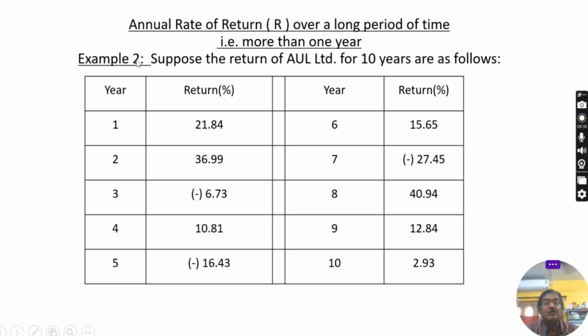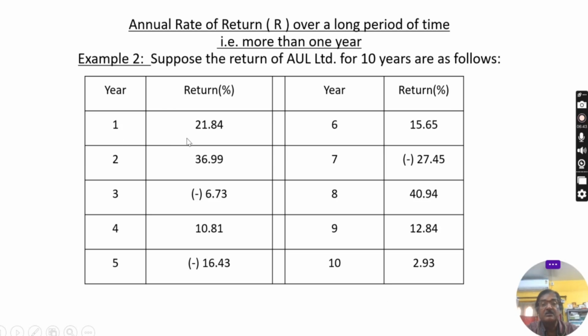Here I have taken example 2 to show this company over a 10 year span of time. Individually I have calculated the returns year-wise with the same formula, which has been recorded here.